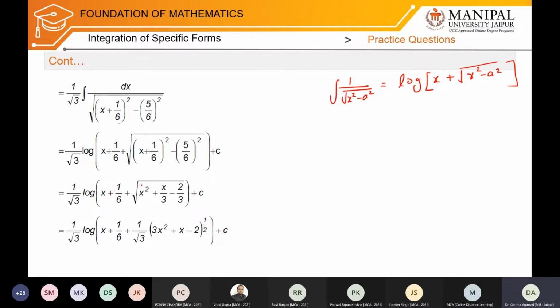This is the formula of integration for this kind of term, and c is any constant. So here x is x plus 1 by 6 and a is 5 by 6. So log of x plus root of (x square minus a square) plus c. And then we simplify this term by solving this whole square and then adding and subtracting these terms.